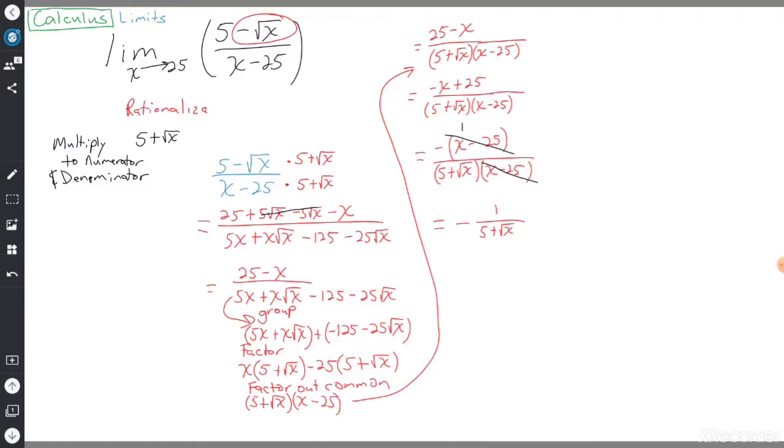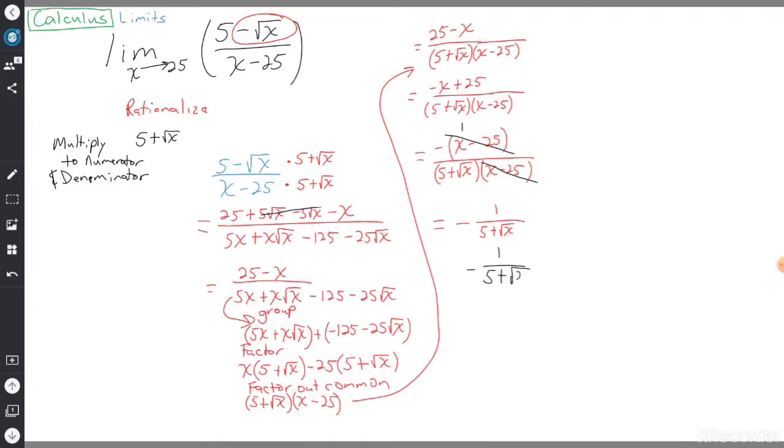All right, so we've rationalized it. Now this is our equation. Now we can find the limit as x approaches 25, meaning we substitute 25 into that equation and determine what the limit is.